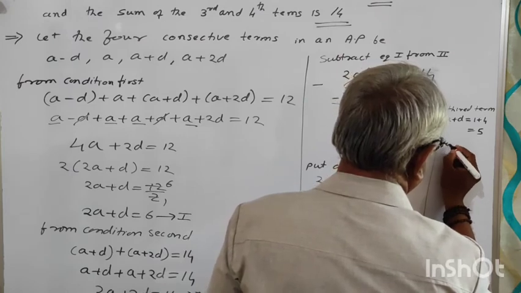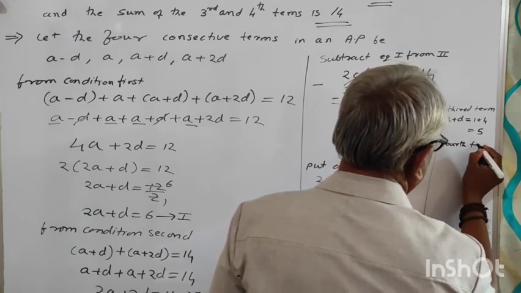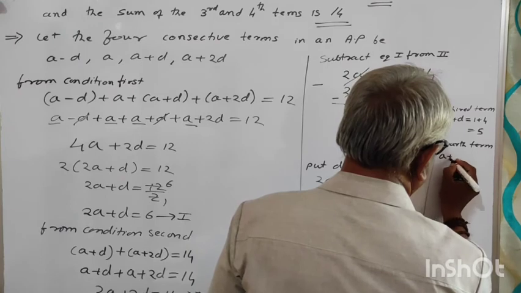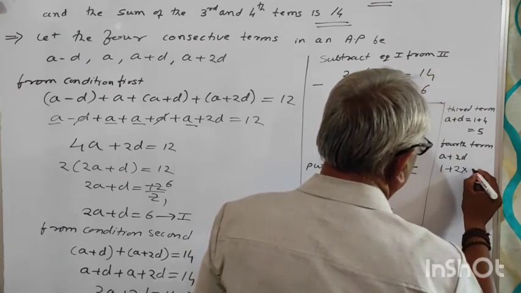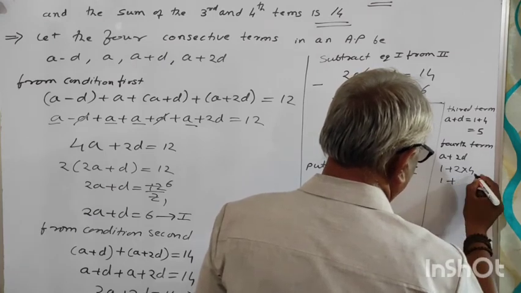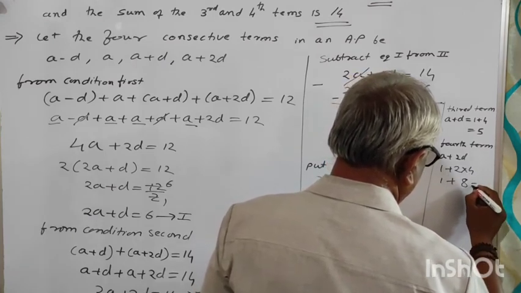The fourth term is a plus 2d. A is 1, 2 into d is 4. 1 plus 2 fours are 8, which is equal to 9.